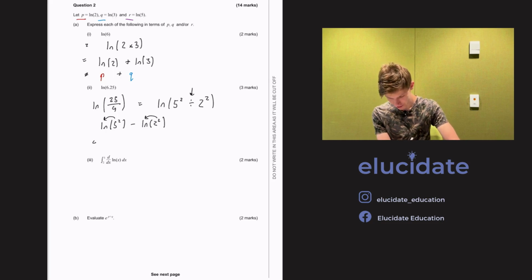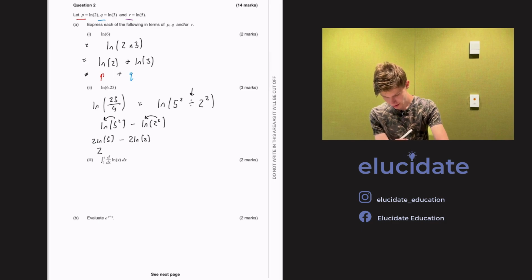So we're going to end up with 2 ln 5 minus 2 ln 2. Now if we have a look at what that corresponds to up here, that is going to end up being 2 times R minus, and this one here is going to be P, 2 times P.